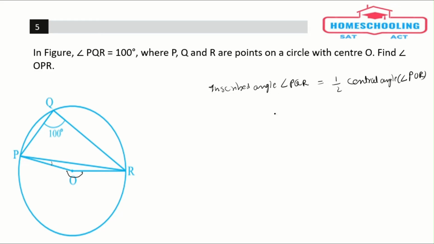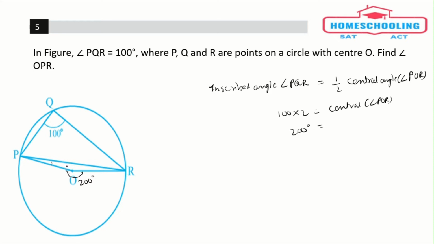So the inscribed angle is 100. If we take 2 to the other side, multiplying by 2, then the central angle POR is equal to 200 degrees.